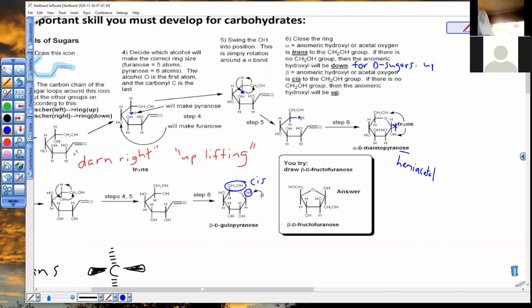Up for L. L is the opposite. Similarly, if there is no CH2OH group, then the anomeric hydroxyl will be up for D sugars. Down for L. Okay, and that covers it.